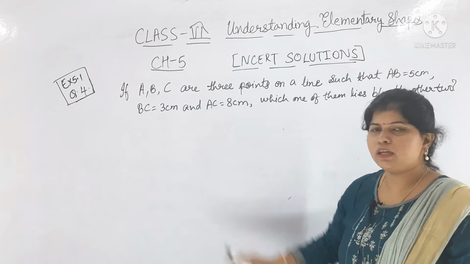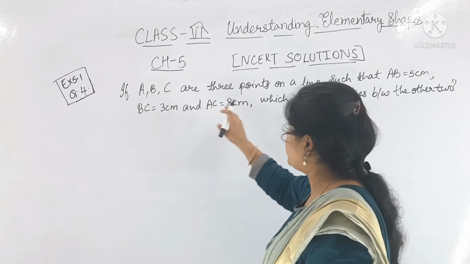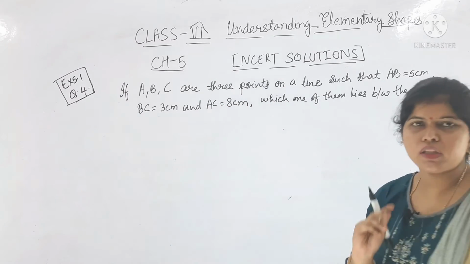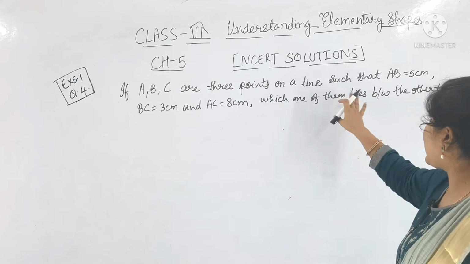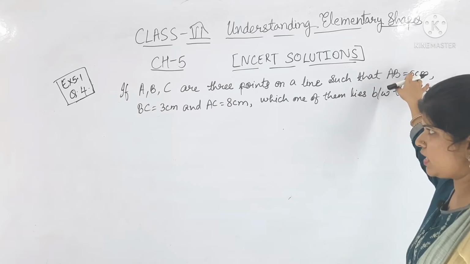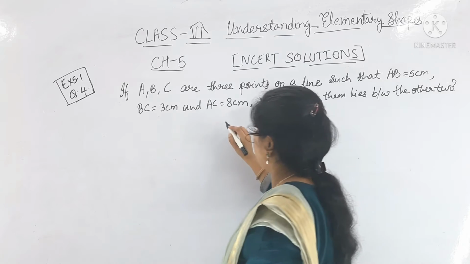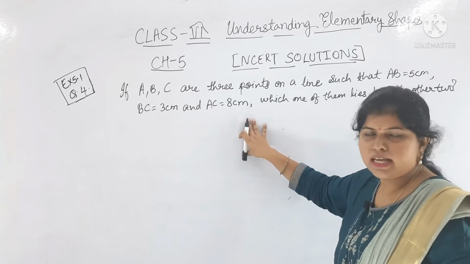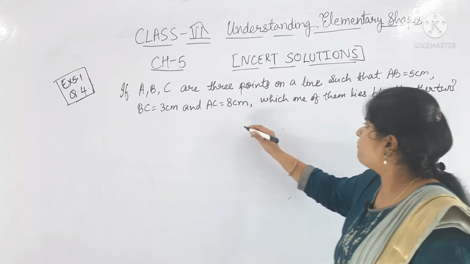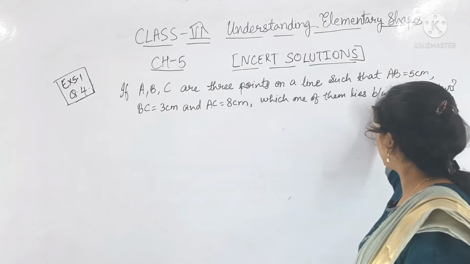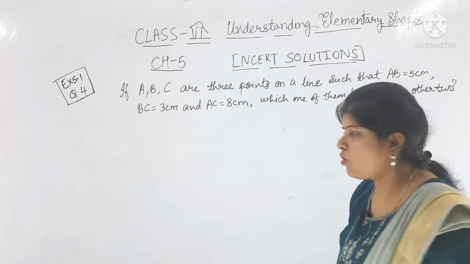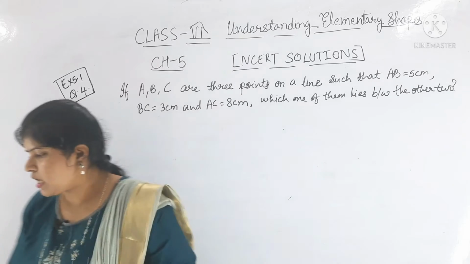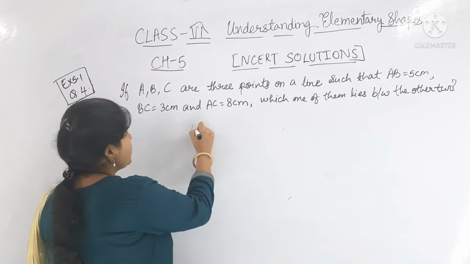Okay students, let's see question number 4. If A, B, C are 3 points on a line such that AB equal to 5 centimeter, BC equal to 3 centimeter and AC equal to 8 centimeter, which one of them lies between the other two? You have to find out.